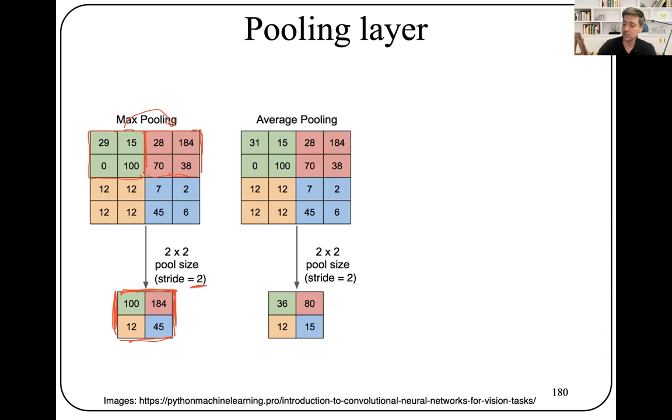So the stride is the displacement that we do of the window. In order to do this, we're going to have a stride which is the same as the size of the window. So if we have a 2x2 pooling region or pooling size, then we're going to have a stride of 2. If we had a 3x3 pooling, we would have a stride of 3.